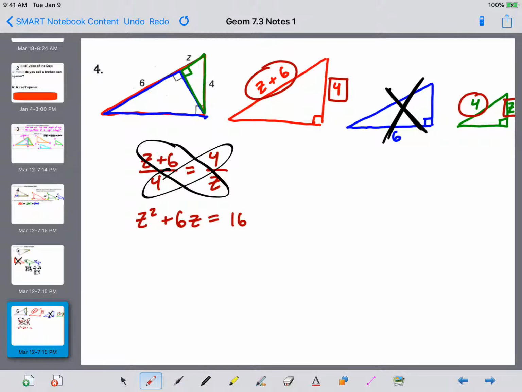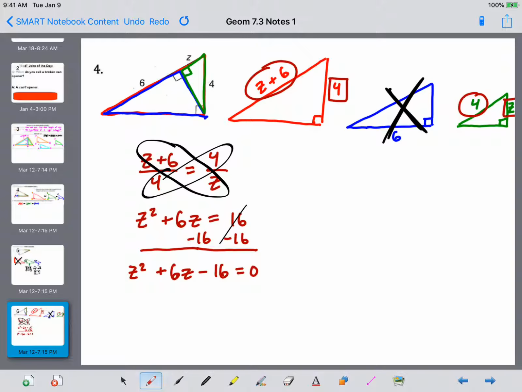Now, you may remember this from back in Algebra 1. This is actually going to end up being a quadratic equation. And to solve these, we have to get 0 on one side of the equal sign. So we're going to subtract that 16 over, and we have Z squared plus 6Z minus 16 equals 0.